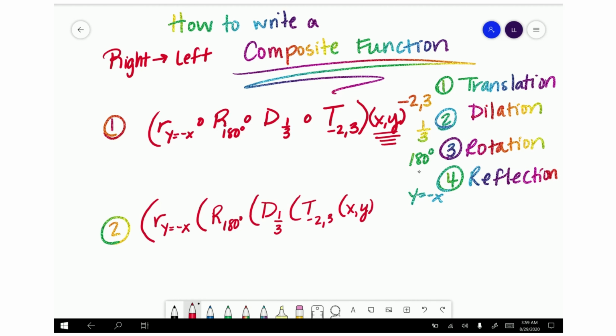Then you would need to close all of these parentheses. I have a parenthesis to close the x, y, one to close the t, one to close the d, one to close the r, and one to close the lowercase r. So those are the two ways you can write your composite function. All right, I'm glad we were able to get that.